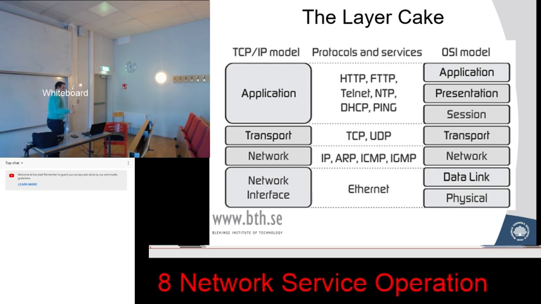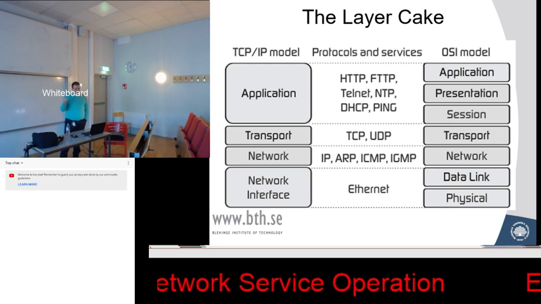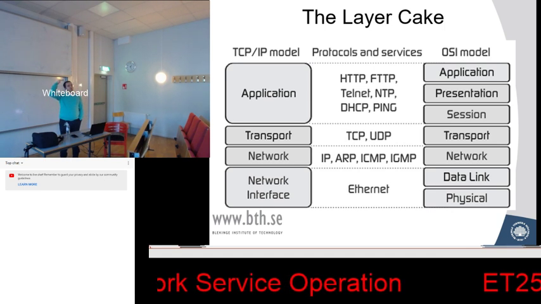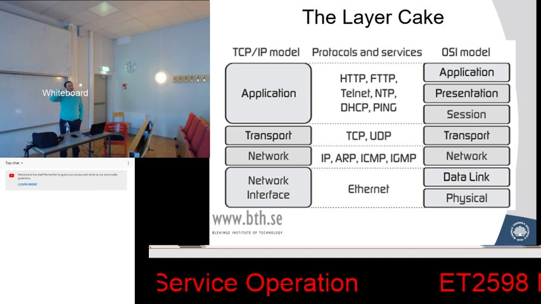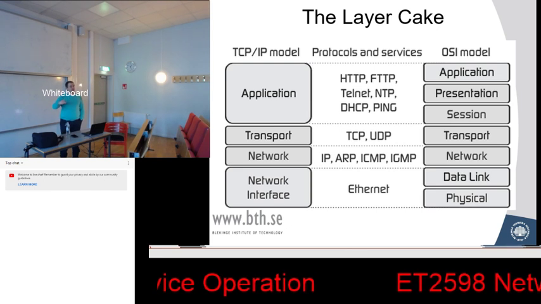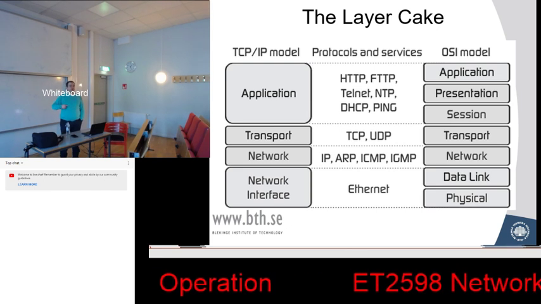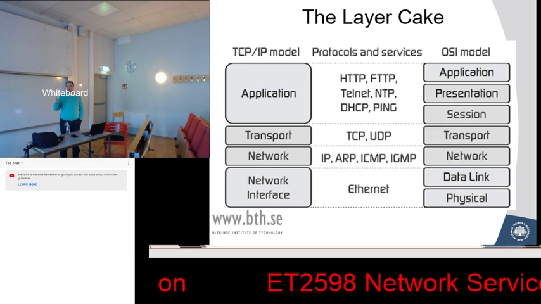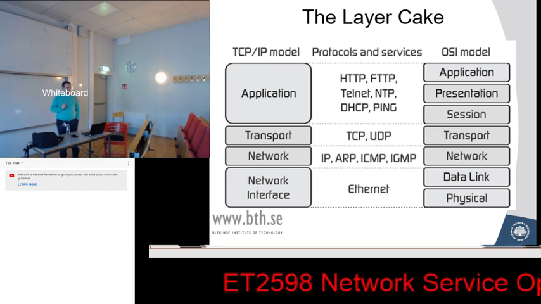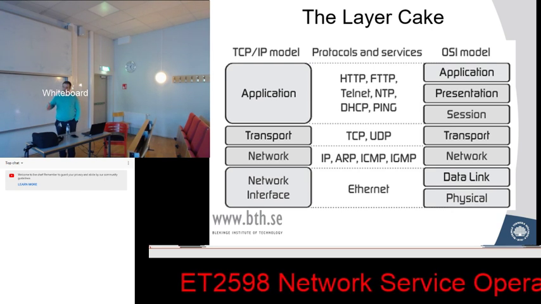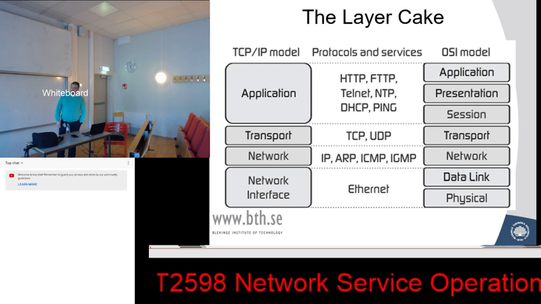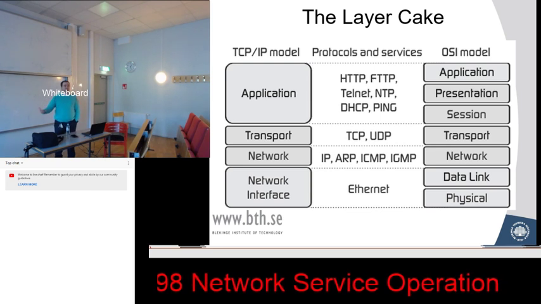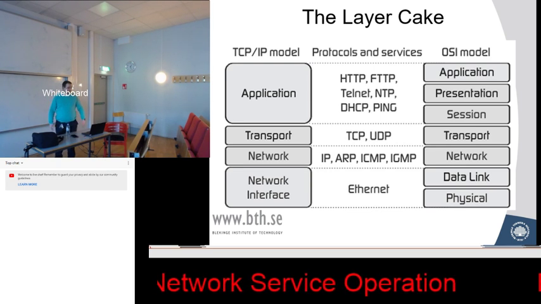Ethernet comes with one part that describes the interface upward, but it also contains a part that describes the physical level and the signaling that goes onto the wire. So it covers both the data link and the physical level. And in TCP/IP, it's just the network interface.